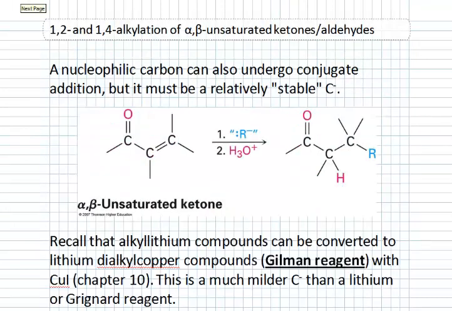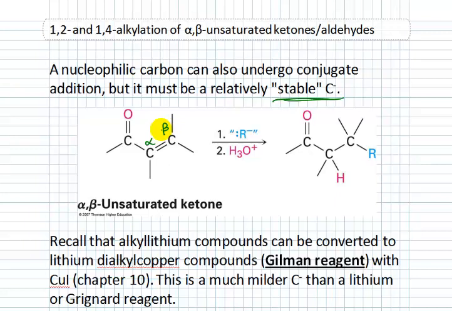If we have a carbon nucleophile, we can also do conjugate addition. We can have R minus add to beta and then protonate alpha. But in order for that to happen, our carbanion, our C minus, has to be one of the more stable carbanion varieties.